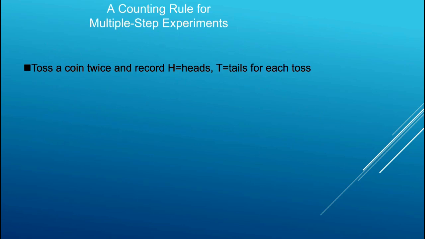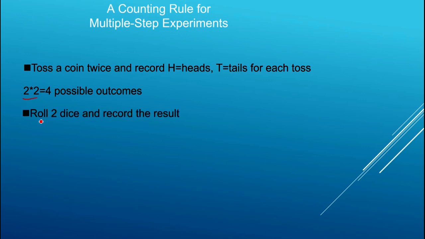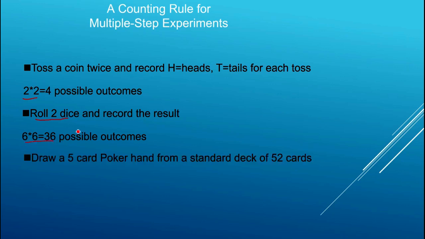Again, coming back to our example of tossing a coin 2 times and recording the result for each toss, we said there are 2 times 2 equals 4 possible outcomes. And note again that that's an application of the multi-step counting rule that we just covered. And like I said, we could roll 2 dice and record the result, and there will be 6 times 6 equals 36 possible outcomes.